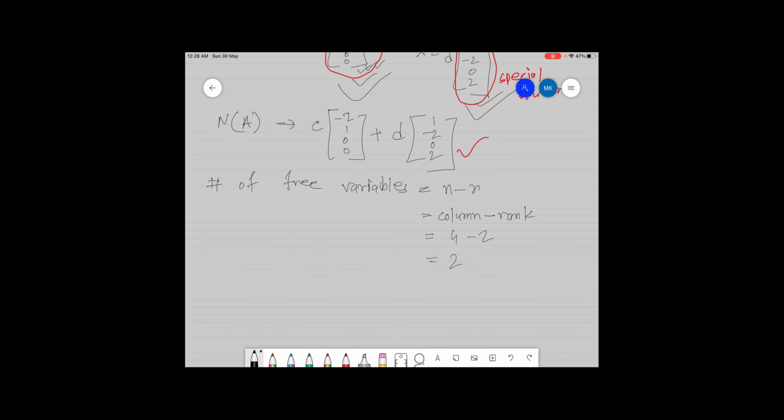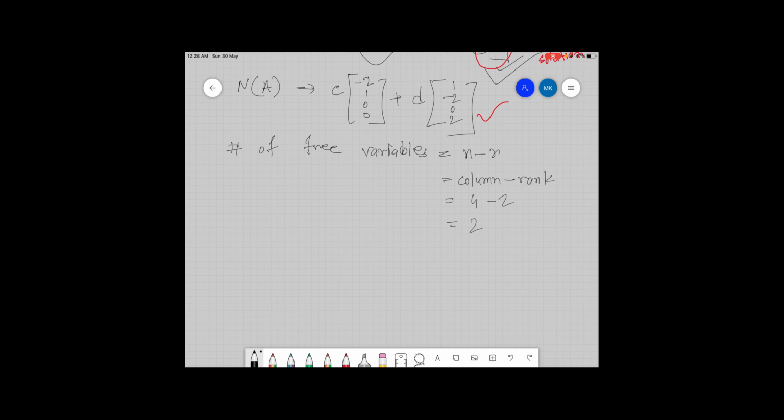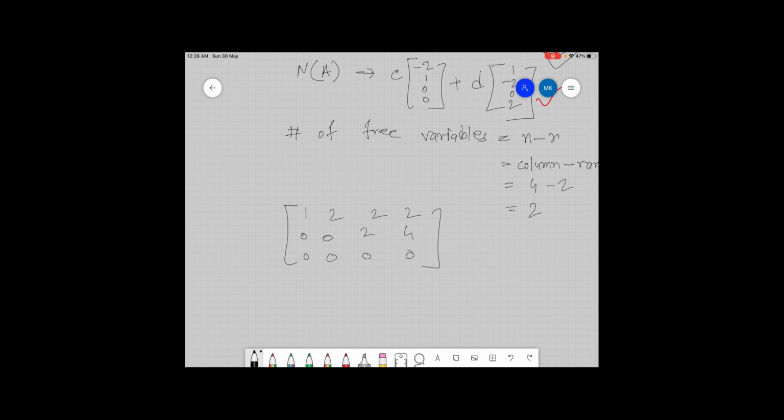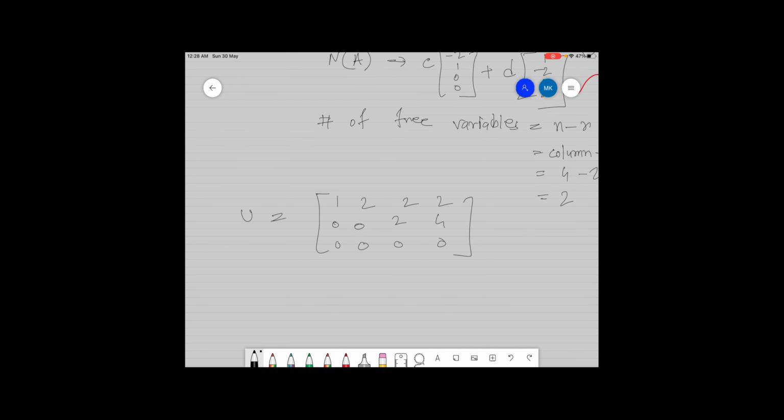Now I'd like to take one more step. So we got our echelon form. Our echelon form was 1 2 2 2, then 2 4, and all the other entries were 0. So this is our upper triangular matrix, or upper rectangular matrix you can say, not a very upper triangular.